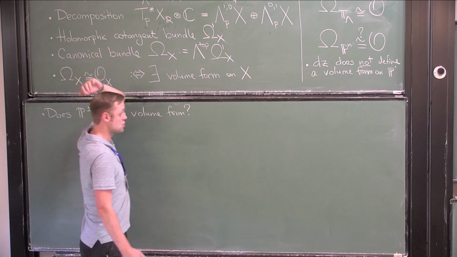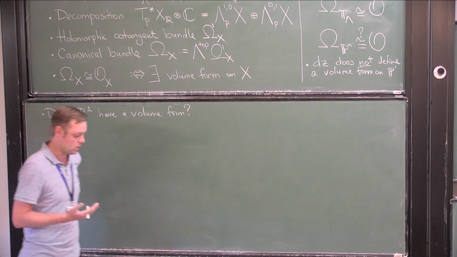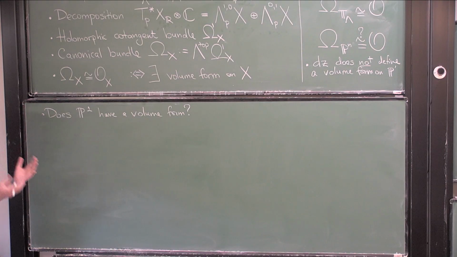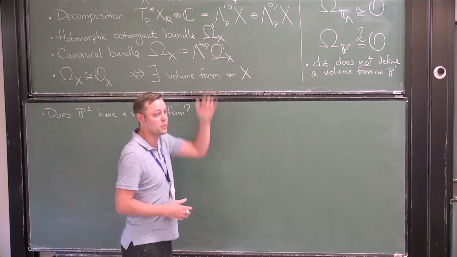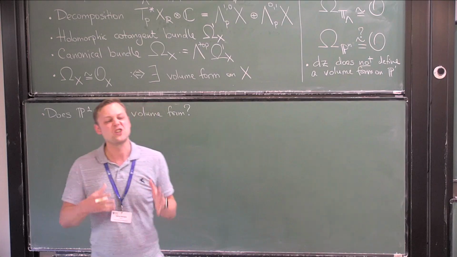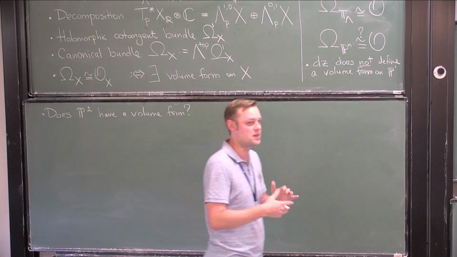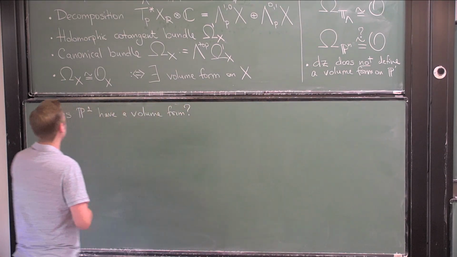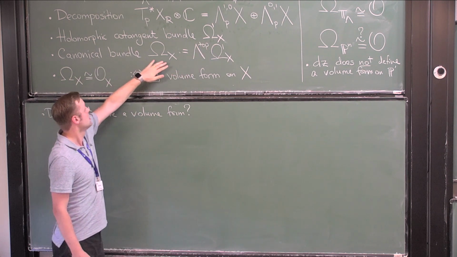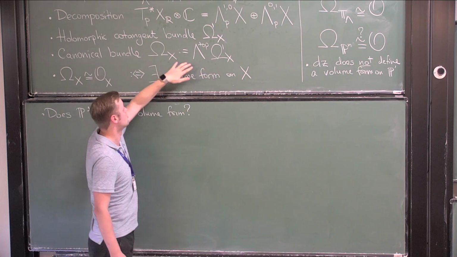Then we talked about the holomorphic cotangent bundle and how these things behave very similarly to what we know from differential geometry. We have these differential elements, dz1, dz2, and these are just linear combinations of these differential elements, but the coefficients of these linear combinations are holomorphic functions which are locally defined on some open subset of X. And then we talked about the exterior algebra of this holomorphic cotangent bundle, and we saw that there's a limit to how many exterior powers you can take of it until you run out of dimensions.